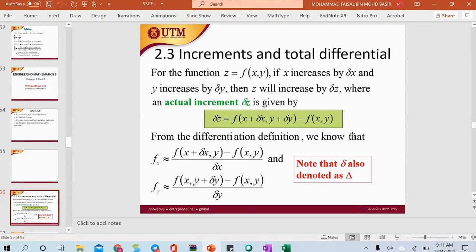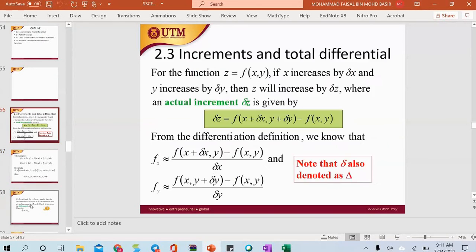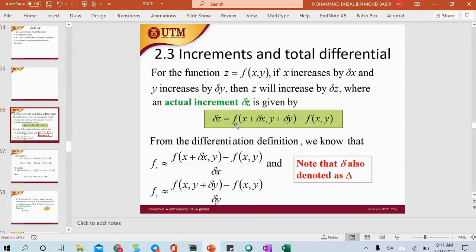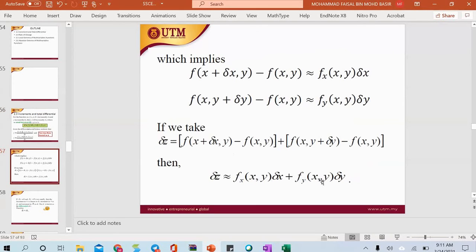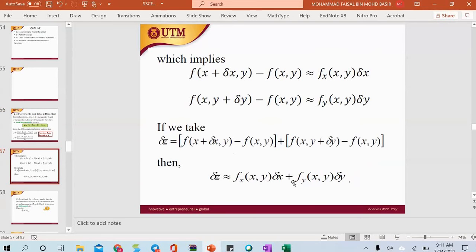From the differentiable function definition, we know this. If you add these two, you will get delta z. The most important part is this, and this will be your delta z.